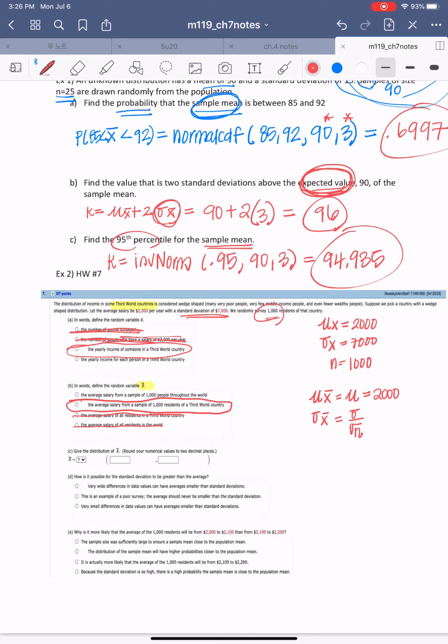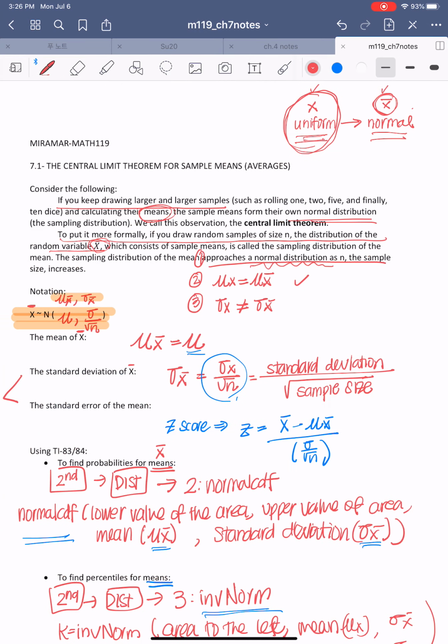So standard deviation, 7,000 divided by 1,000. And that's in fact part C. X bar will always be a normal distribution. And then you're going to put first mu of x bar, which is our mu, and then the standard deviation for the second one.